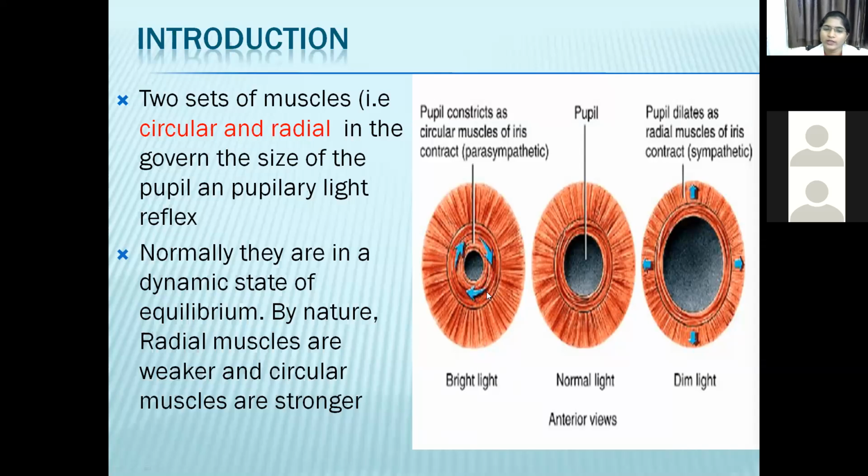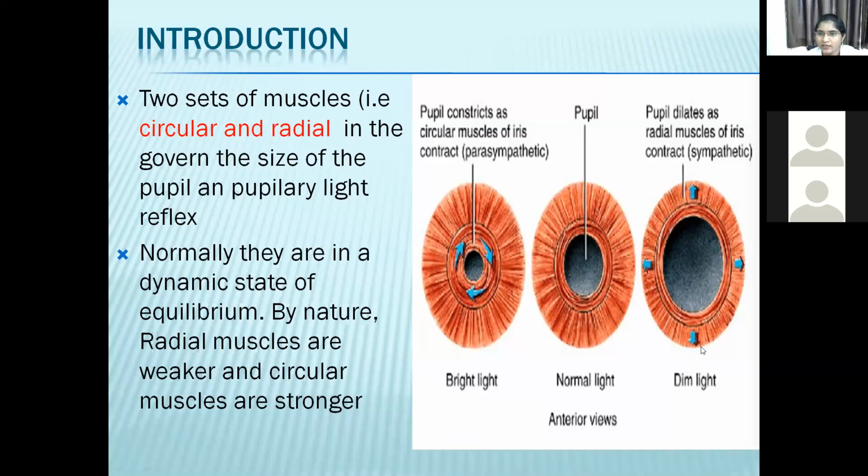So when we focus bright light, the pupil immediately constricts because of contraction of the circular muscles. Like that, in dim light the action is opposite. So what will happen? The circular muscles are in a normal state and the radial muscles contract.